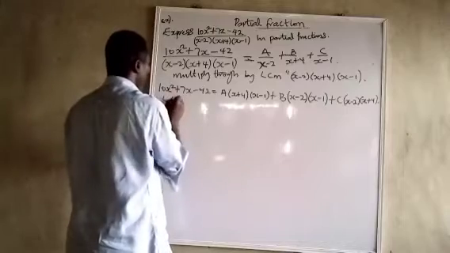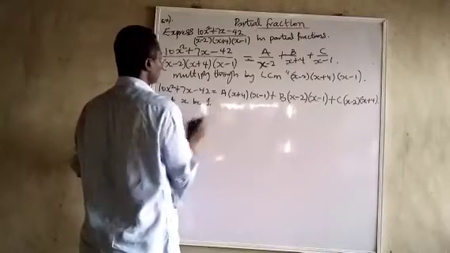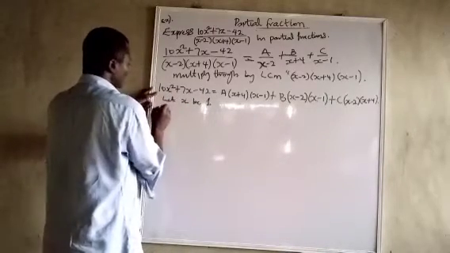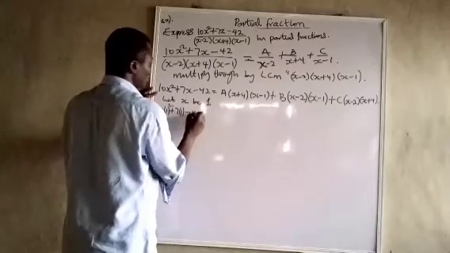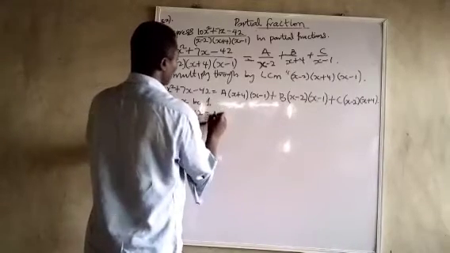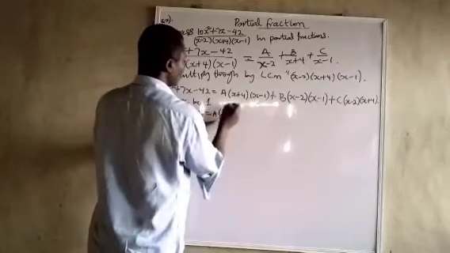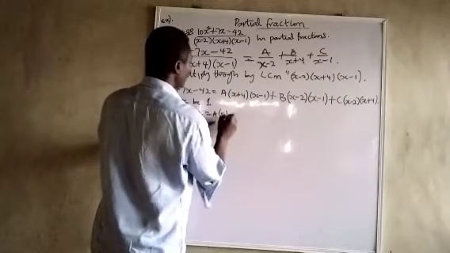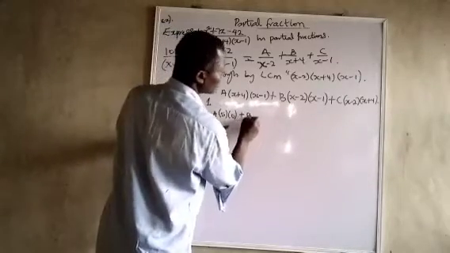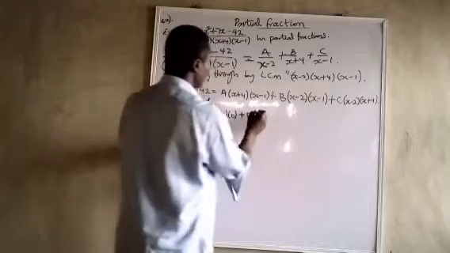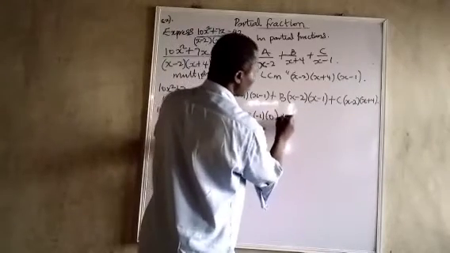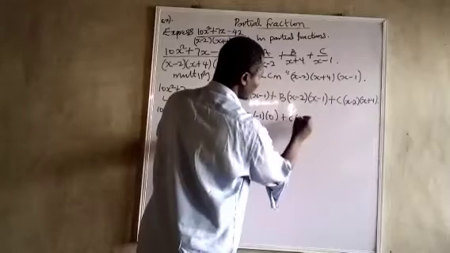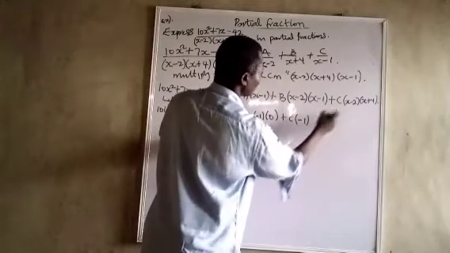Let x be 1. So we are going to have 10 into 1 plus 7 minus 42 is equal to A into 5 into 0 plus B into minus 1 into 0 plus C into minus 1 into 5.